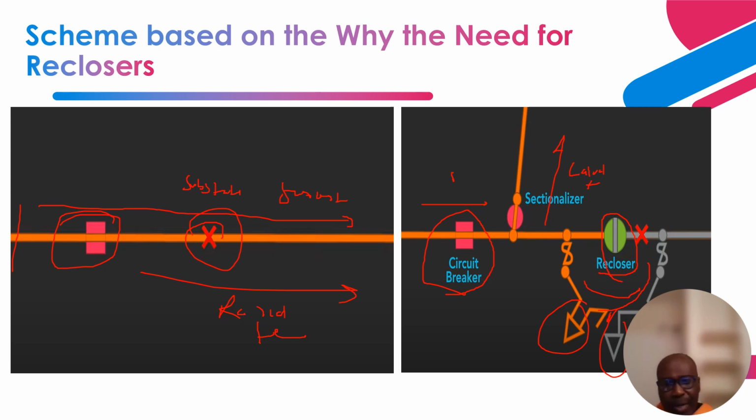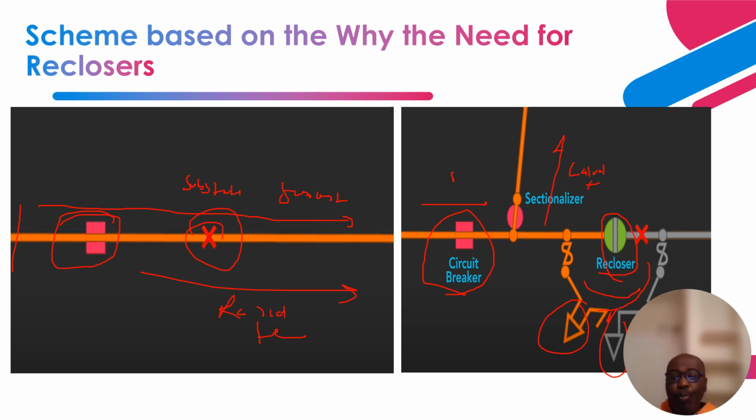So that is why we need reclosers to mitigate customer interruptions, to ensure stability of the distribution system, and to minimize our SAIFI index. That is one of the distribution indexes that is required, the system average interruption duration index and frequency index. So SAIDI and SAIFI index.